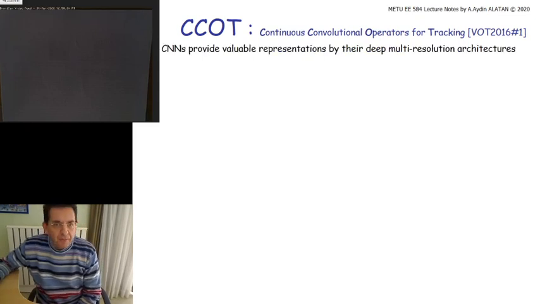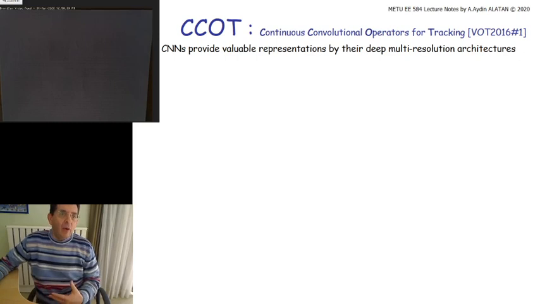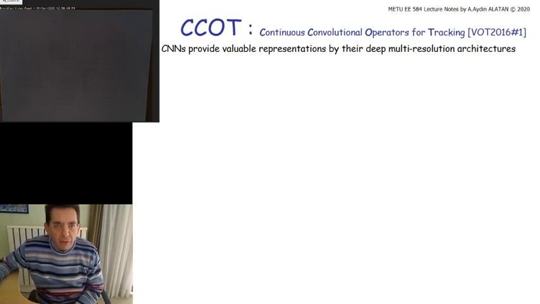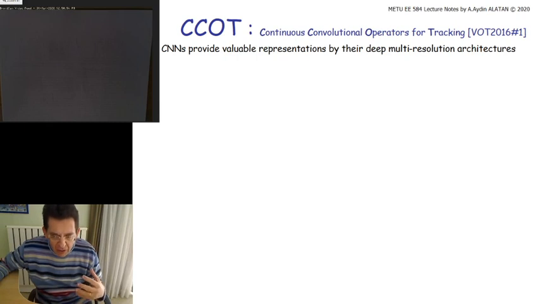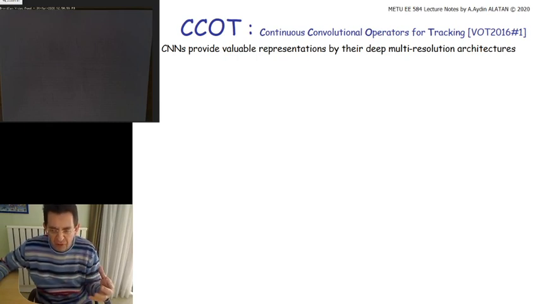Now let's start. In the year of 2016, convolutional neural networks were everywhere. Therefore, they were creating very valuable representations with their multi-resolution architectures. In a deep network, in the first layers, there is some very low-level information which could be used very well for trackers.